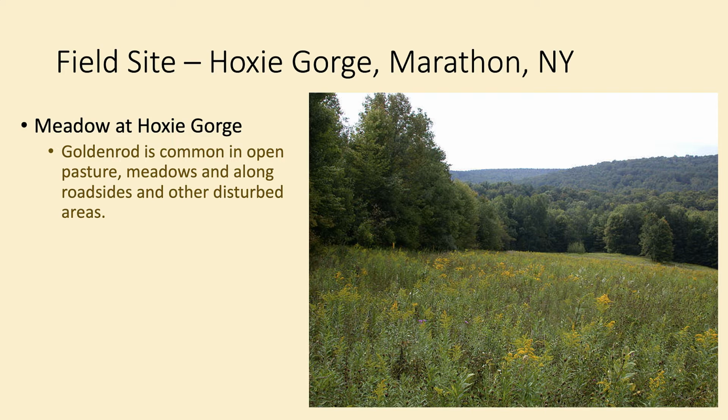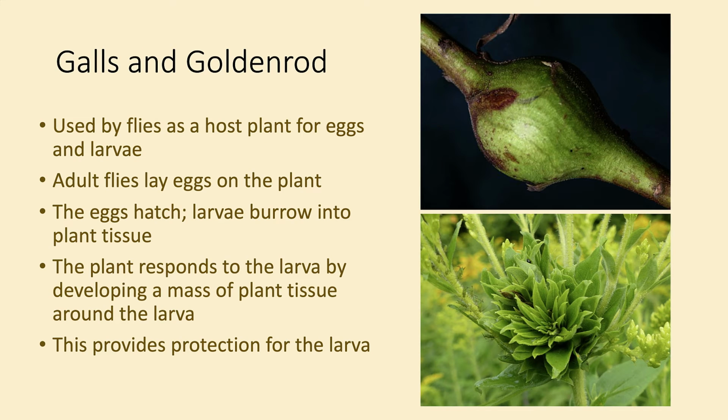Our field site was marked with pink marking tape, and our transect was marked every 5 meters with the same tape. We chose 6 groups to count goldenrod galls every 5 meters. There are 2 types of galls that we identified, the ball gall and the rosette gall.